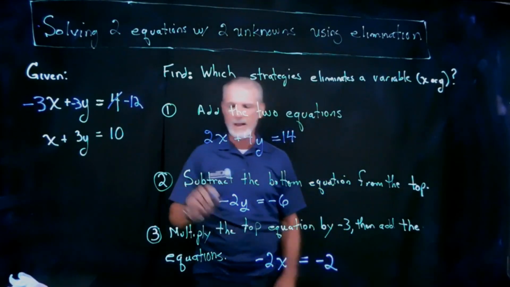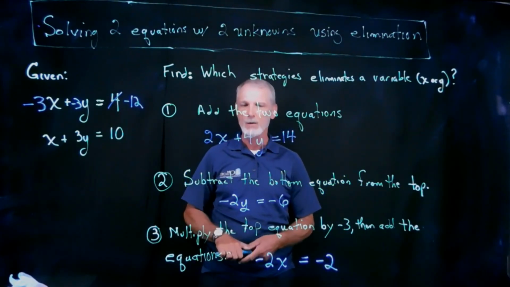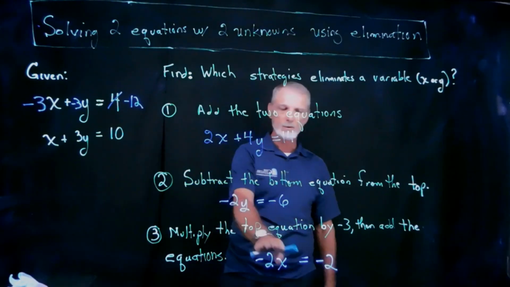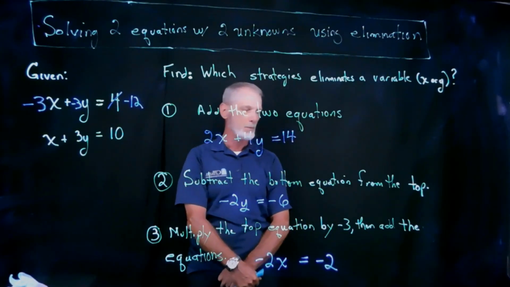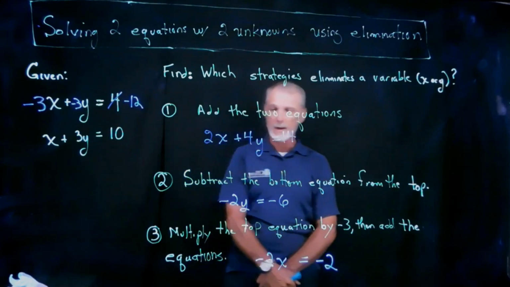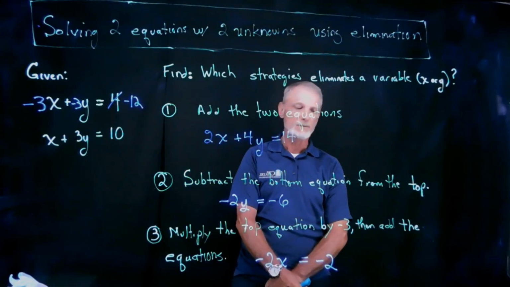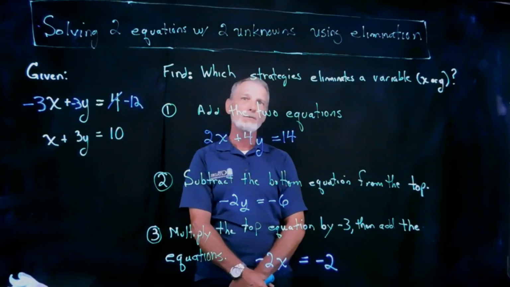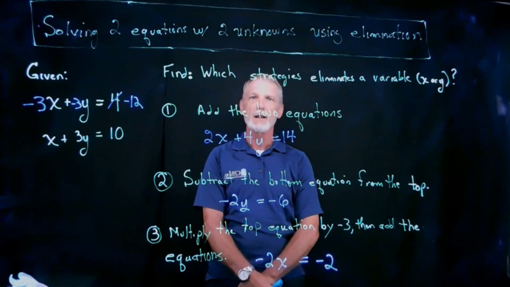So now we can see that that was a successful strategy as well, because it eliminated the variable y. And so we could solve this equation directly for x by multiplying both sides by minus 1/2, and we would get that x is equal to 1. So let's look at another example and see if we can come up with some strategies for eliminating a variable.